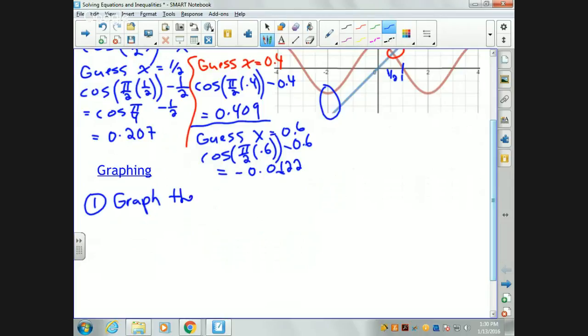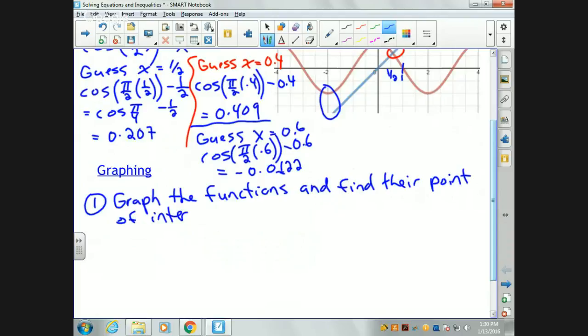So graph the functions and find their point of intersection. Which is kind of what we did in this case to at least get us started.